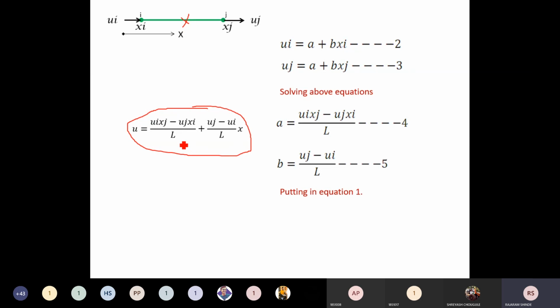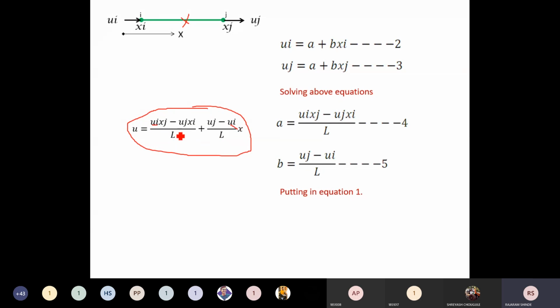Now see here what I will do, I will combine the terms of ui. Here it is one ui, here it is one ui. Now what you will get here is xj minus x divided by L into ui.